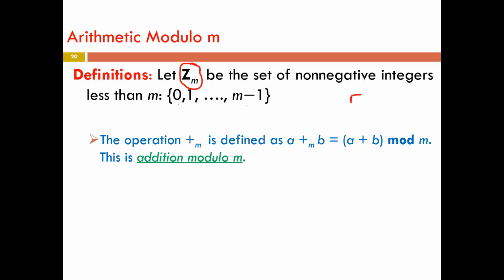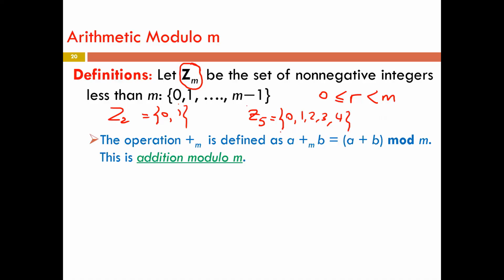Okay, and the remainder is always non-negative and less than m, and it's an integer. So 0, 1, 2, up to m minus 1. These are the elements of this space. Then Z2 has only 0 and 1. Z5 has 5 elements, which are 0, 1, 2, 3, 4. These are the possible remainders.